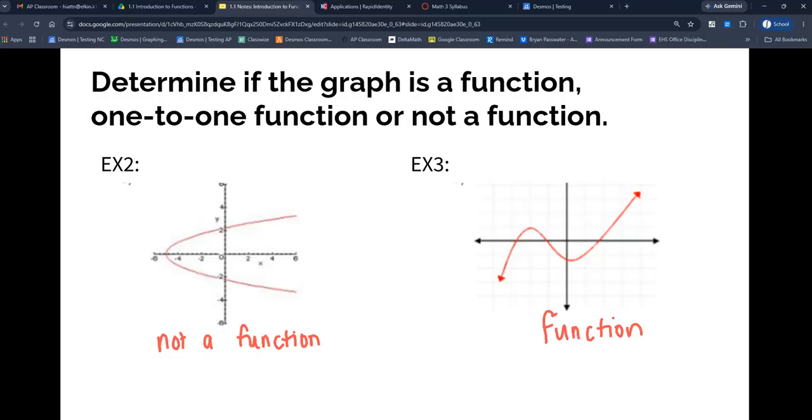Again, I'm not tall enough to do it, but I hear a no, right? Because if you just look at the x-axis right here, I see 1, 2, 3 places where it hits the x-axis. That's a horizontal line. So it's not a 1-to-1 function, but it is a function. That's sort of how we'll classify.